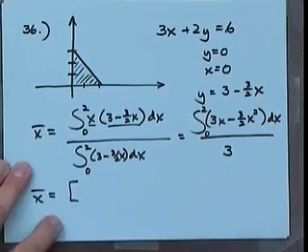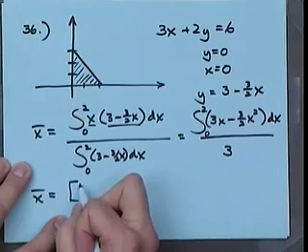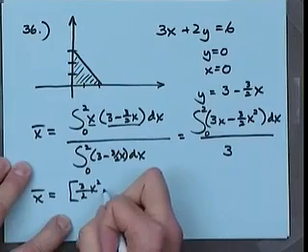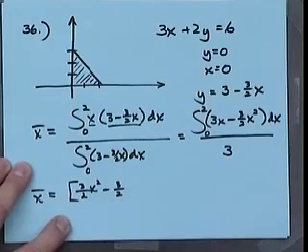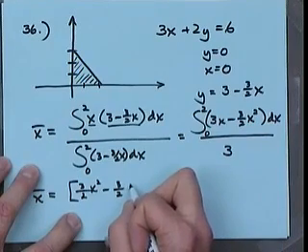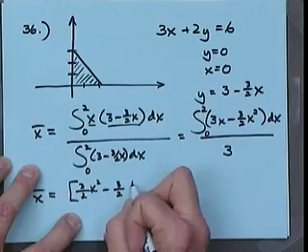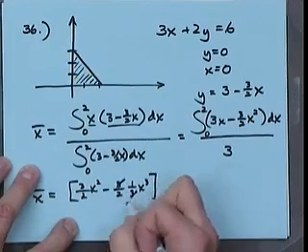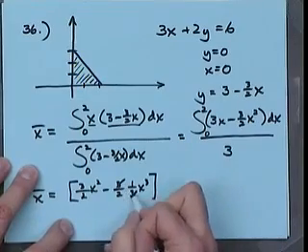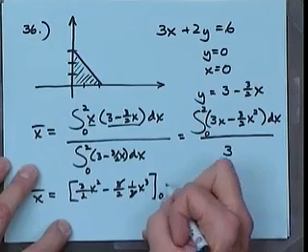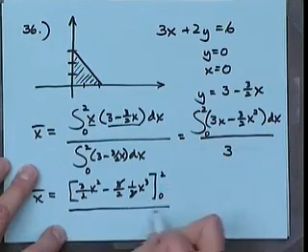Integral of 3x is 3 halves x squared. Integrate 3/2 x squared, and we get 1/2 x cubed. And these 3 values, numerator and denominator, knock each other out. So 3/2 x squared minus 1/2 x cubed, from 0 to 2.